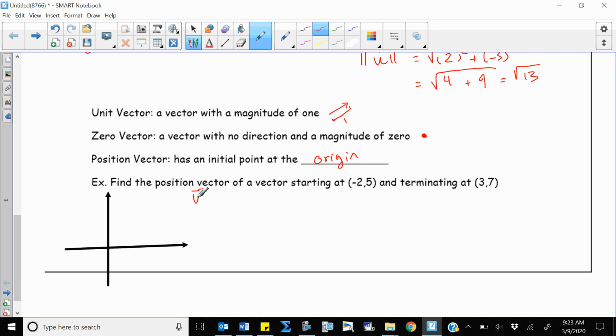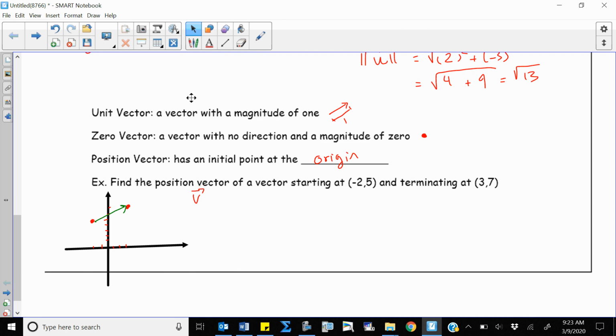So I'm going to graph the vector first. (-2, 5) is the initial point. -2, 1, 2, 3, 4, 5 is here. This is the initial point. And the terminal is at (3, 7). 1, 2, 3, 5, 6, 7. So it's going to be somewhere like this. So this will be the graph of the vector.